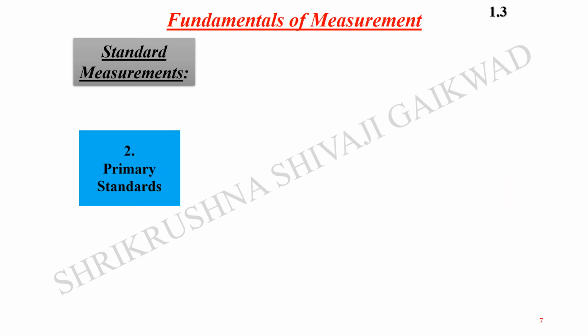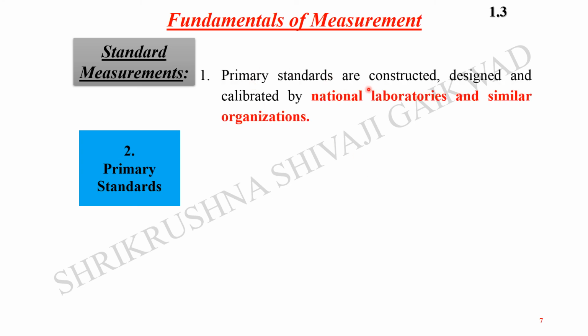Then the next thing is the primary standards. Primary standards are constructed, designed, and calibrated by national laboratories and similar organizations, just like the National Physical Laboratory in New Delhi. They do the job for us of calibrating or standardizing the bars.